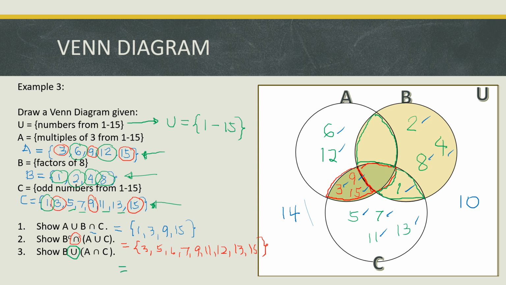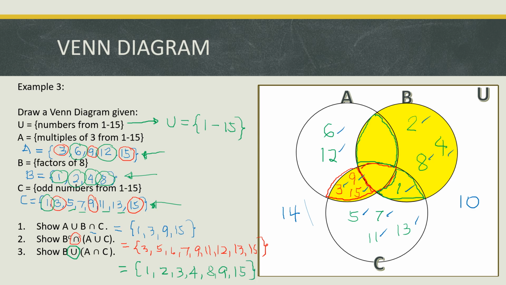So if we're going to get the elements that have been shaded, these are all the elements. So what are the elements inside? We have 1, 2, 3, 4. We also have 8, 9, and 15.